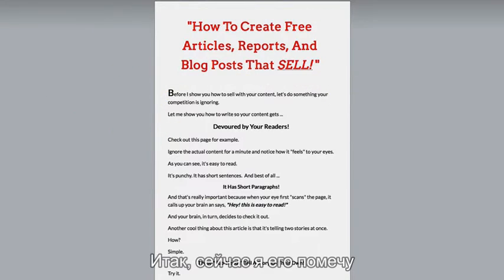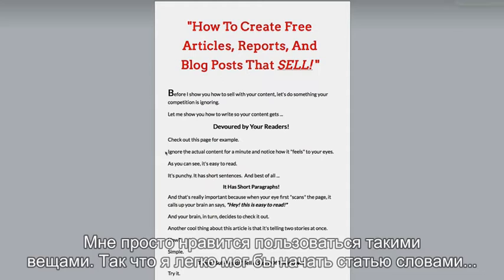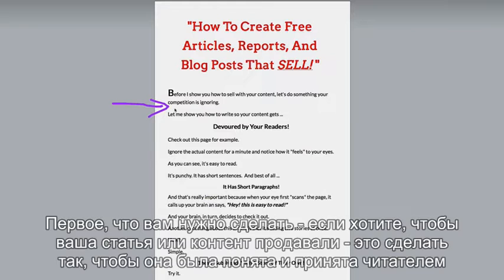Alrighty, so I'll get rid of this marking real quick here. You need to know that you don't actually have to do an open loop. I just like to get kind of fancy with this stuff. So I could just as easily have begun this by saying, the first thing you want to do if you want your article or content to sell is you need to make sure it gets read and then devoured by readers.